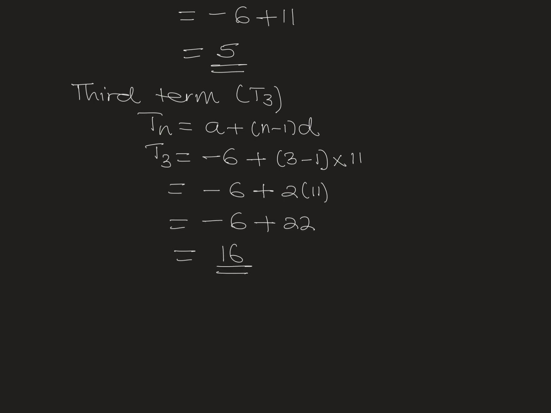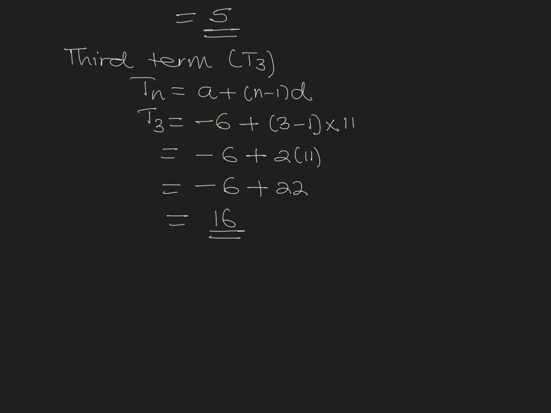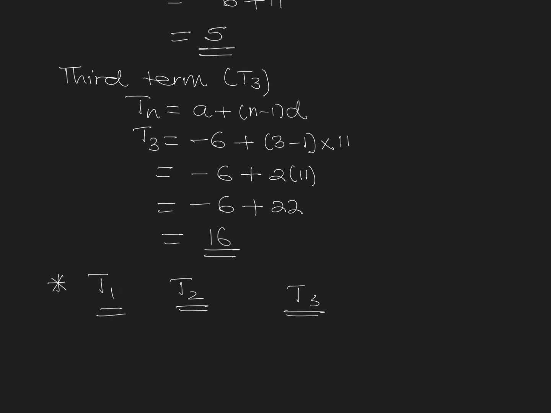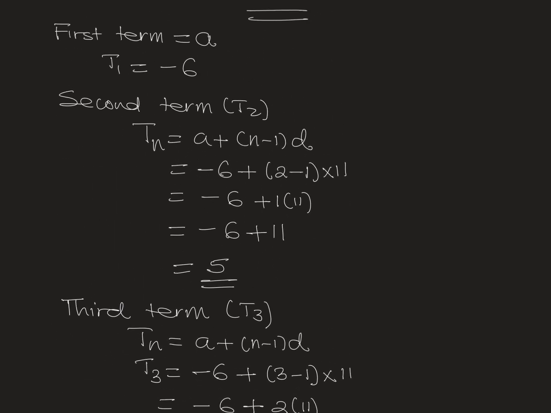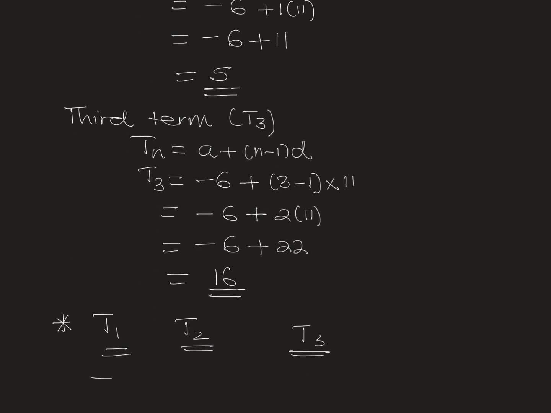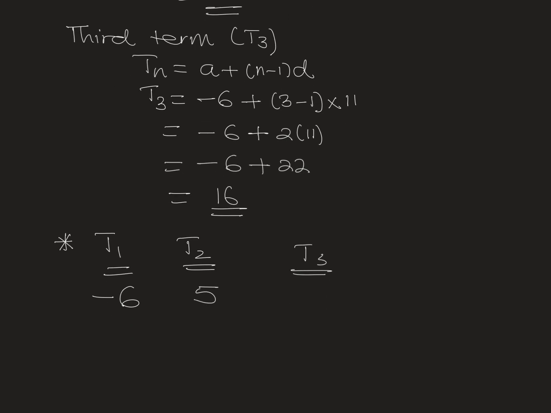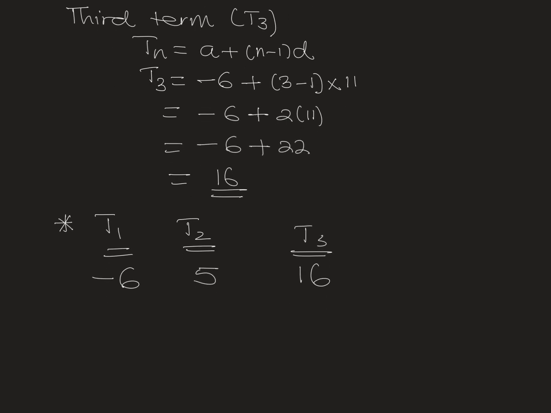Now let's see if our answers are right. The first term is minus 6, the second term is 5, and the third term is 16. If we add them, that will be the sum, right?